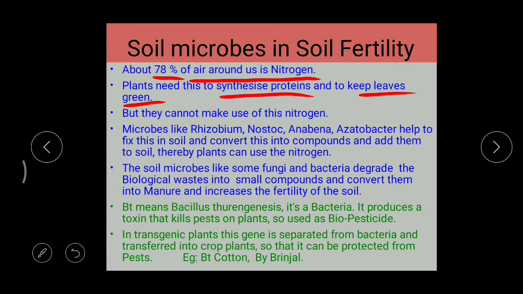So when the leaves are green in color, then only the plants are able to carry out photosynthesis, and they are able to prepare food materials. Correct? So for these two, they need large amounts of nitrogen, but actually directly from atmosphere, the plants cannot obtain this nitrogen. So you may get the doubt, then how these plants can get this nitrogen?